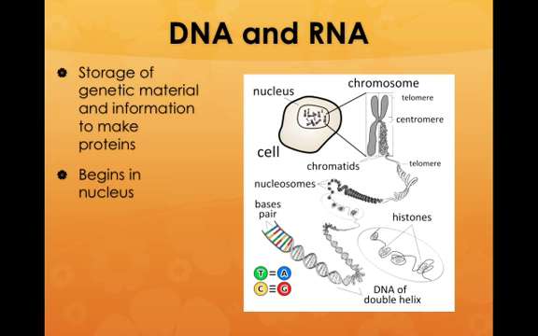But RNA is a little more diverse of a molecule, and it does more than one thing, whereas DNA is just the storage of information. RNA can be many things. RNA can act as a molecule itself. It doesn't just give rise to proteins and stuff like that, but generally DNA is the storage of information, where RNA is taking that information and putting it into some sort of form that the cell can use.